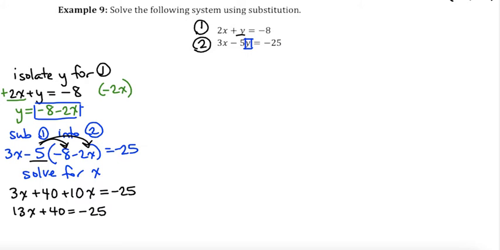From here, you want to get your variable x all by itself. So we start by moving over the constant term. The opposite of positive 40 is negative 40, or subtracting 40 from both sides. So 13x. 40 take away 40 is 0, so it's gone from the left-hand side. Then I have negative 25 take away 40.